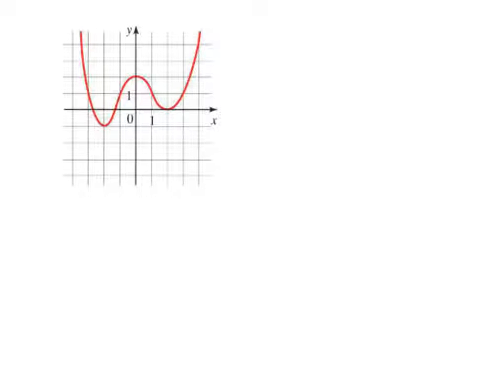So if we look at this graph and we want to find all the maximums and minimums, and then we also want to find the increasing and decreasing levels. The maximum is the top of this hill, and that point is 0, 2. Now, maximums are y values. So the way you would write that answer is maximum of y equals 2 at x equals 0.